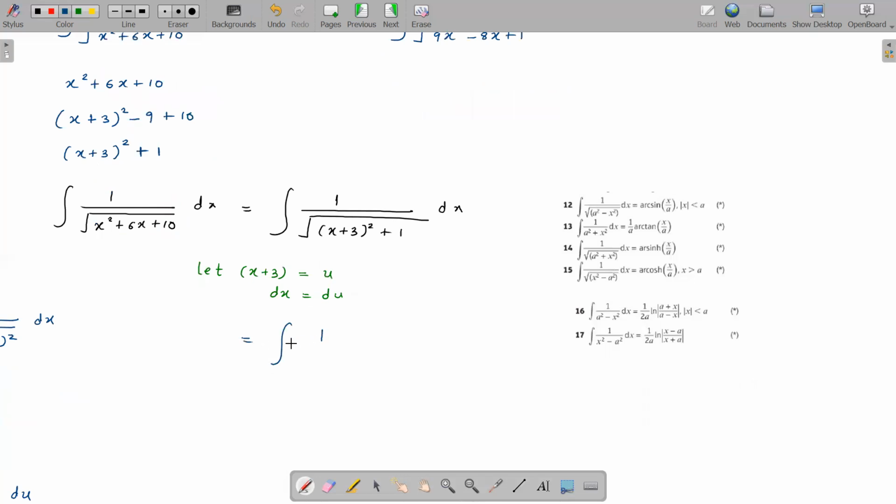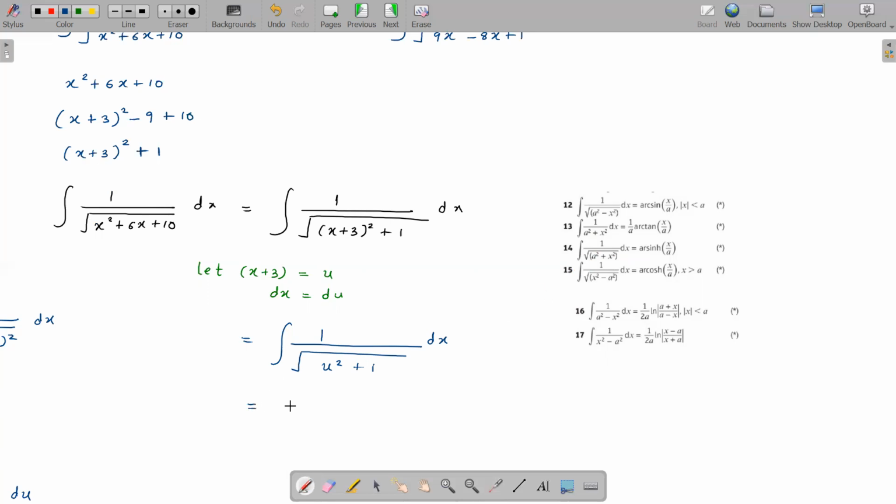So integration 1 over root, x plus 3 becomes u, so u square plus 1, and dx is du. So 1 over root u square plus 1. This falls to the 14th rule, isn't it?